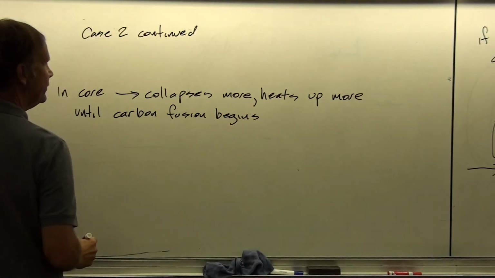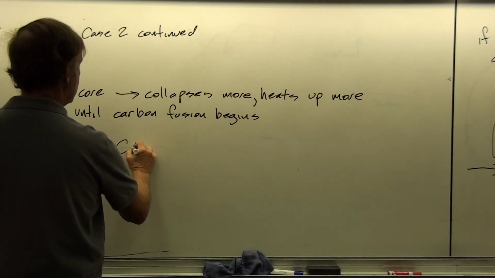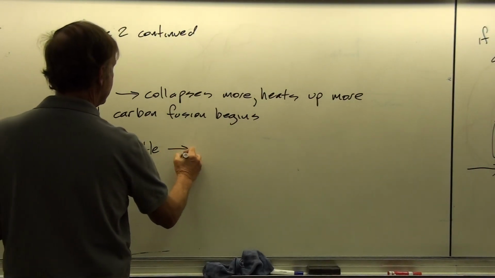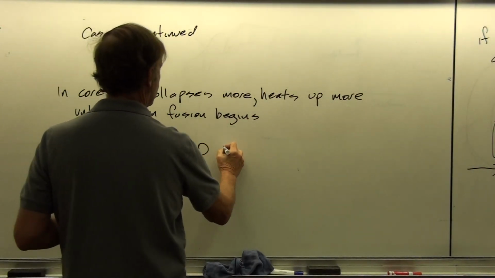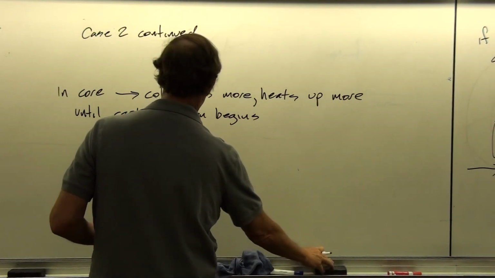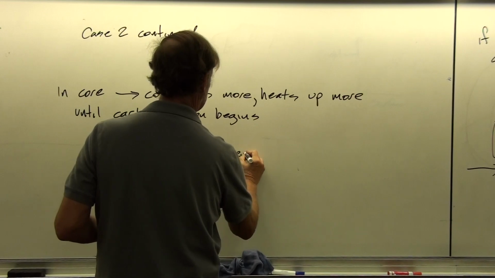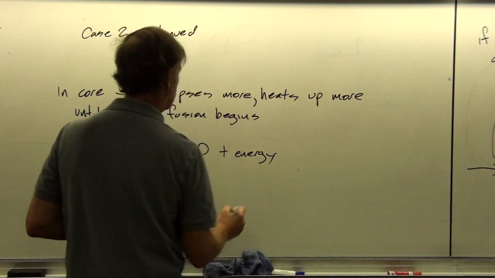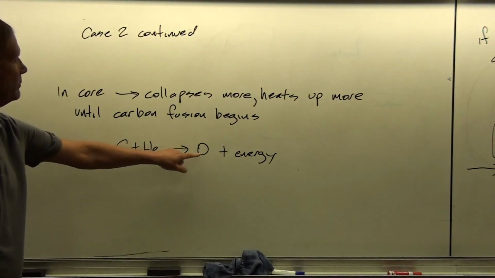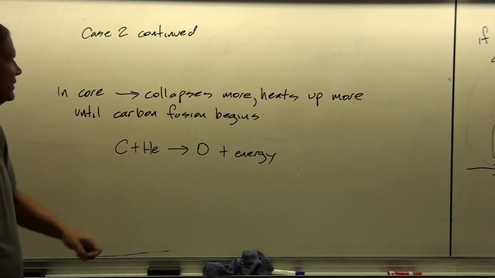So what would carbon fusion look like? Well, it would be carbon plus helium going to oxygen plus energy. And so we could make oxygen then in the next stage.